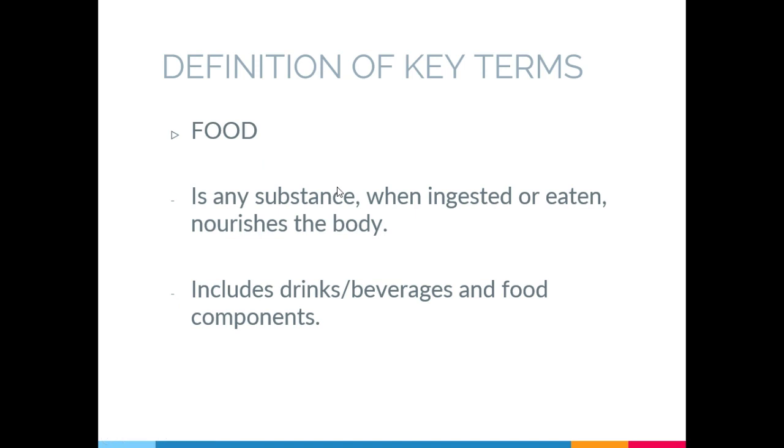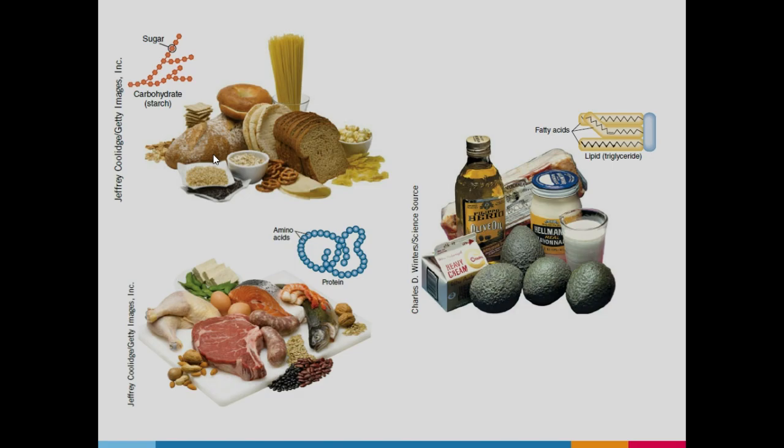Okay, so we eat food because this food gives us nourishment, or gives us the nutrients that we need for growth, development, and maintenance, as well as survival. So as you can see here, we have these different types of food, and each of them is associated with a particular macronutrient, which is present in large amounts.